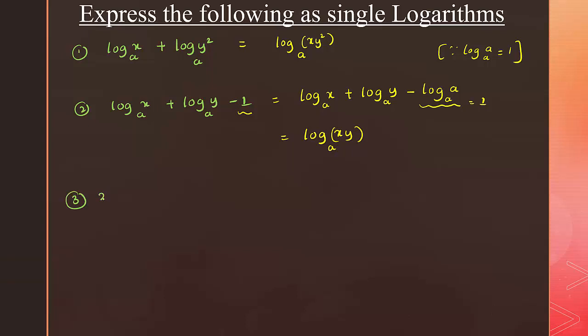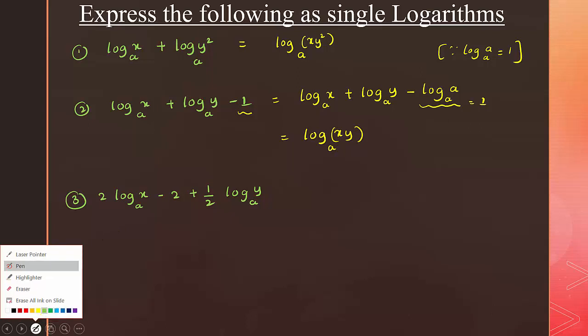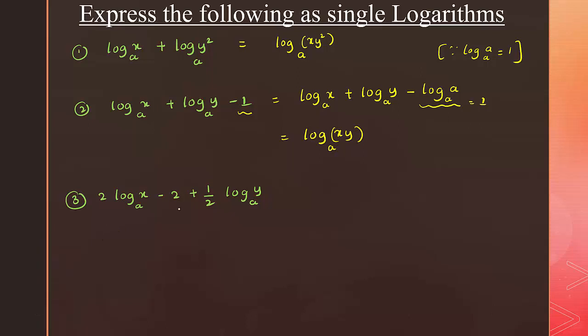It is given 2 log x to the base a minus 2 plus 1 by 2 log y to the base a. Here we have to express it in a single form. How to solve it? We have to apply the rules here. Observe, I am going to write the first one, 2 log x to the base a. Here we can use the power rule.